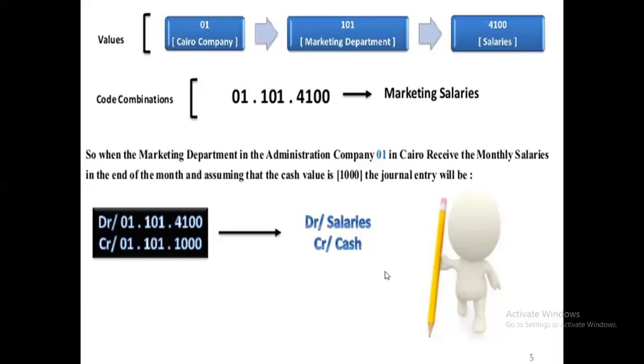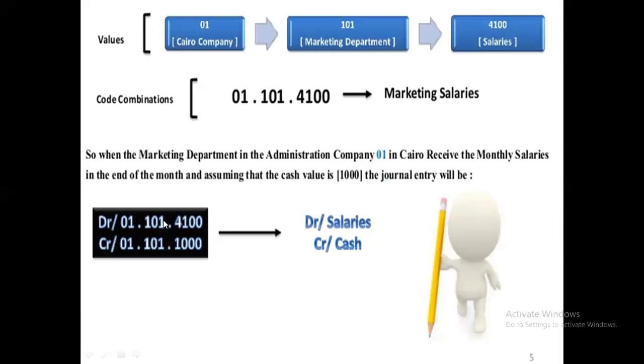Now see here the entry. Now you will understand. When the marketing department in the administration company in Cairo receives the monthly salary at the end of the month, and assuming that the cash value is 1,000, the journal entry will be accounted like this.